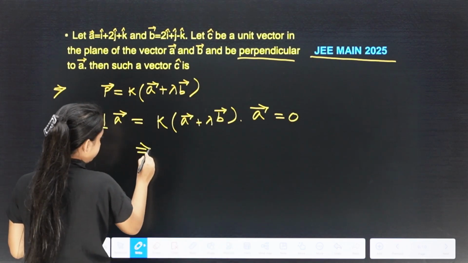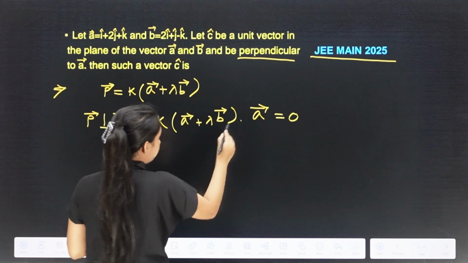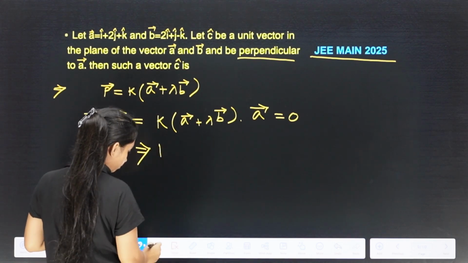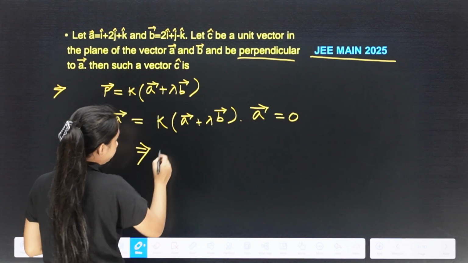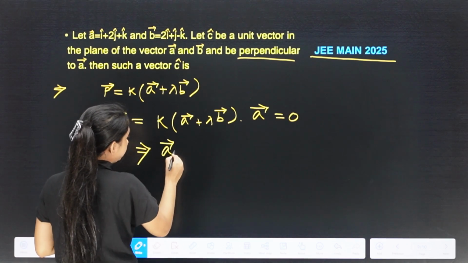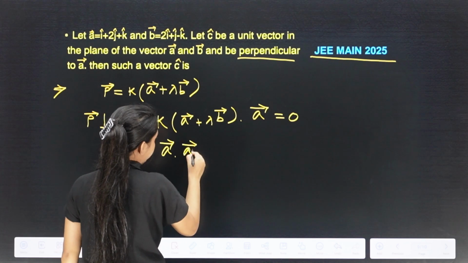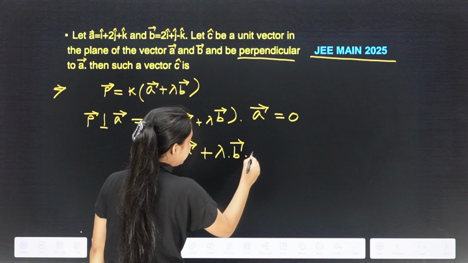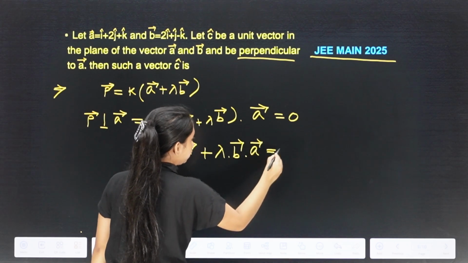So if we multiply it out, it would be a dot a plus lambda times b dot a.